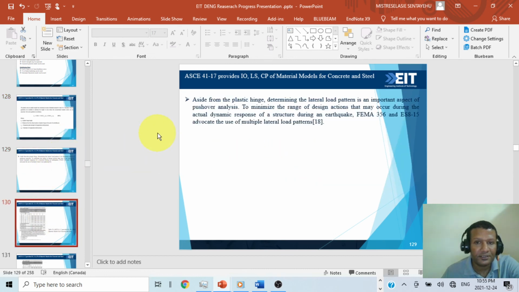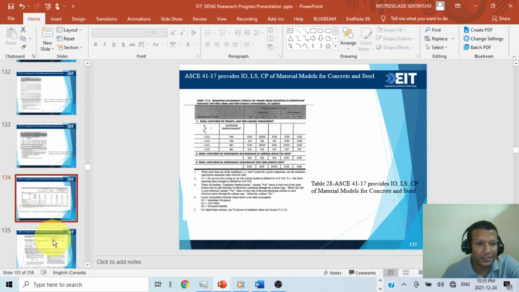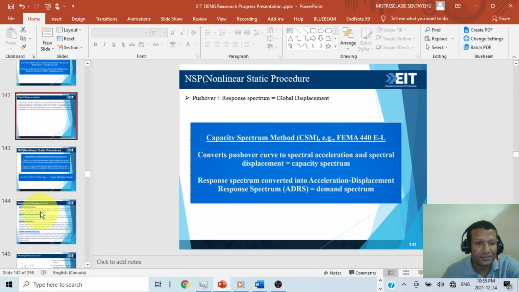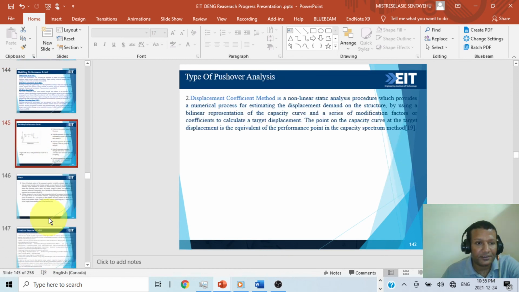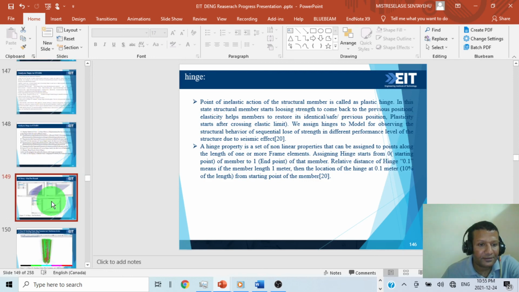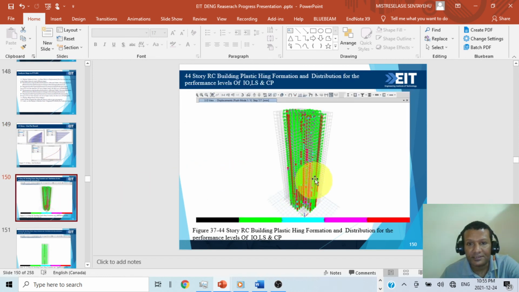So these are all the tables I showed you already. It's very important to see. These are the methods we use. So this is the result, and the result is like this, because I couldn't show you now, but the result will be shown like this.